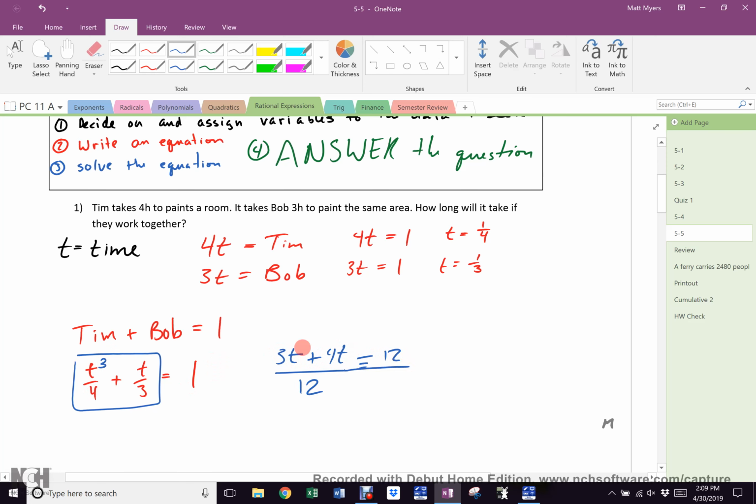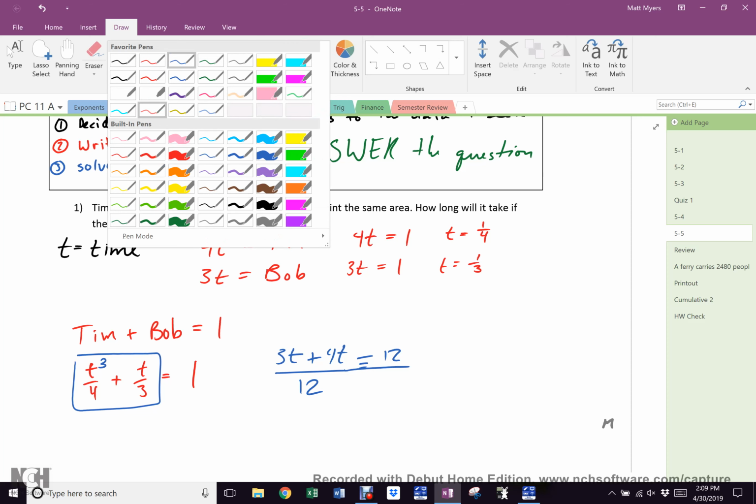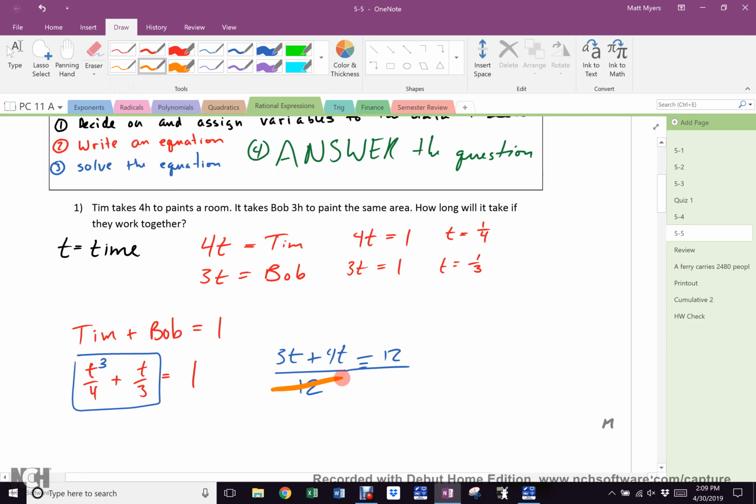Do I need the denominator anymore? No. So get rid of it. And I continue to solve my equation. 3T plus 4T equals 12. What is 3 plus 4? 7T equals 12. T equals 12/7.